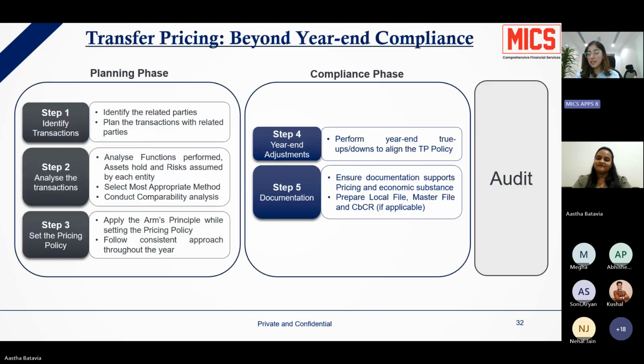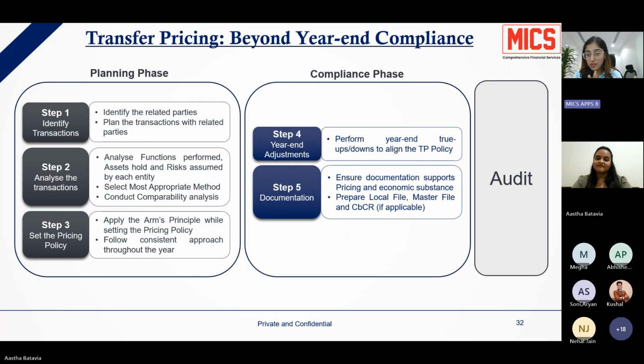Can we look at the process of transfer pricing? There's a planning phase, there's a compliance phase, and then there is an audit phase. If we look at it, step one starts with identifying who our related parties are. Then it starts with planning those transactions with the related parties.